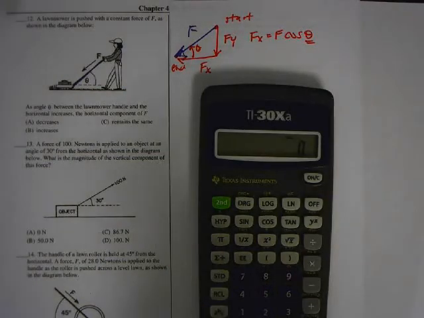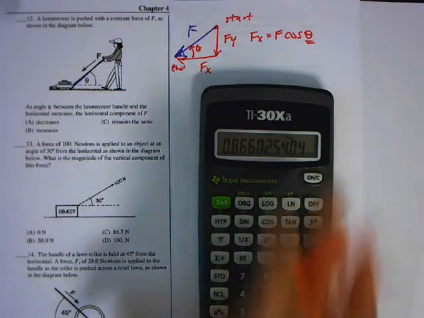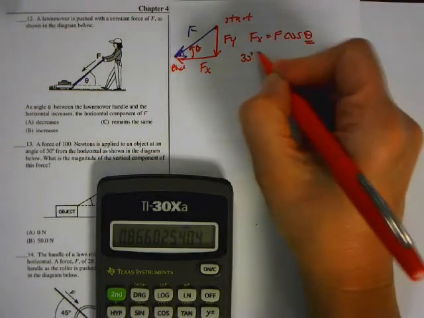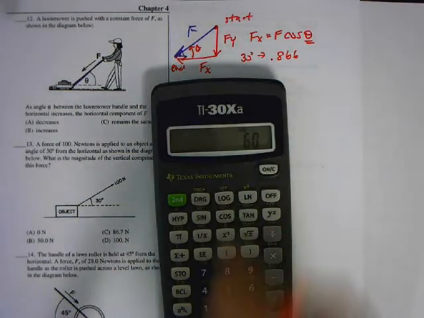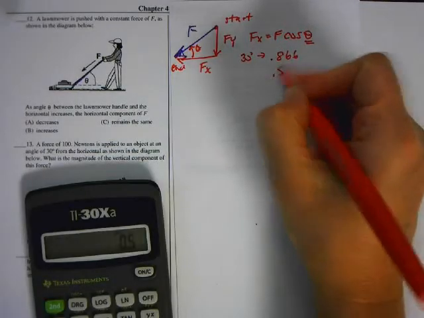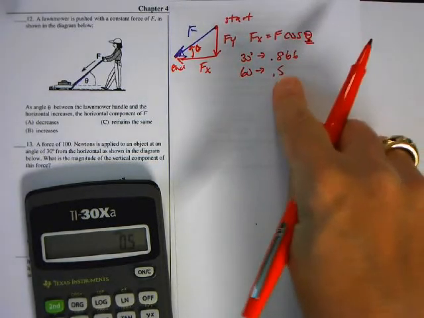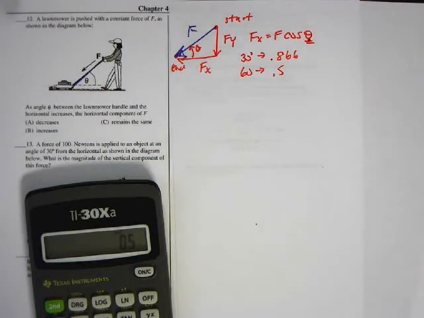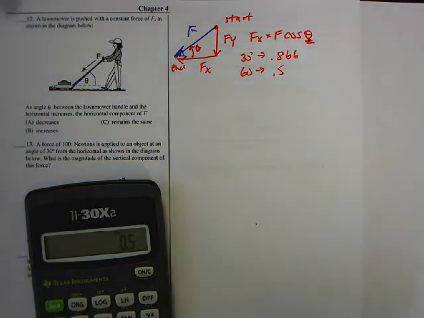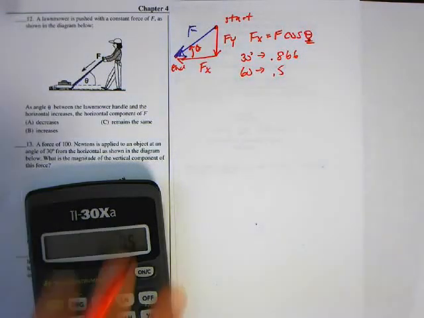So first I'm going to say 30 cosine, and it comes out to be 0.866. So for 30 degrees, it's 0.866, and now if I do 60 cosine, it's 0.5. So as this angle increases from 30 to 60, the cosine of it decreases, which means that the force also decreases. Okay? This is not something you have to guess on. There's a simple way: just pick two angles, a smaller one and a larger one, put in the cosine of that angle, and figure it out.